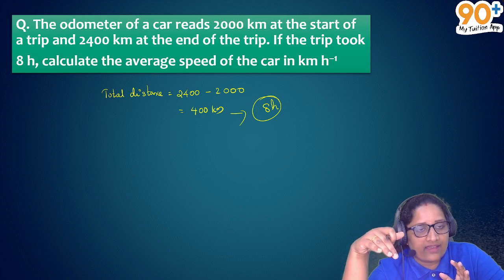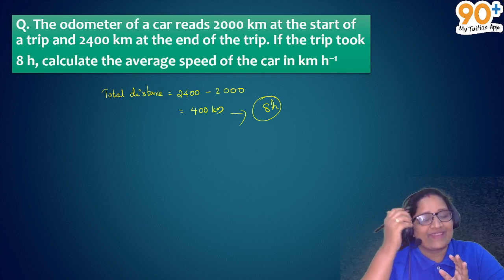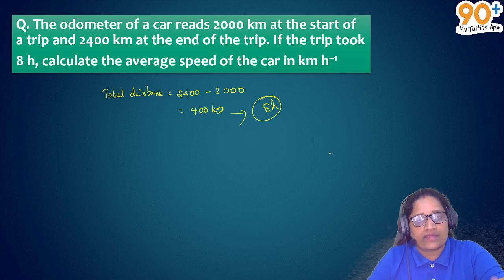Okay, I added 2400 and 2000. That's why you got a total distance of 4400. Yeah, that's why, a simple mistake.